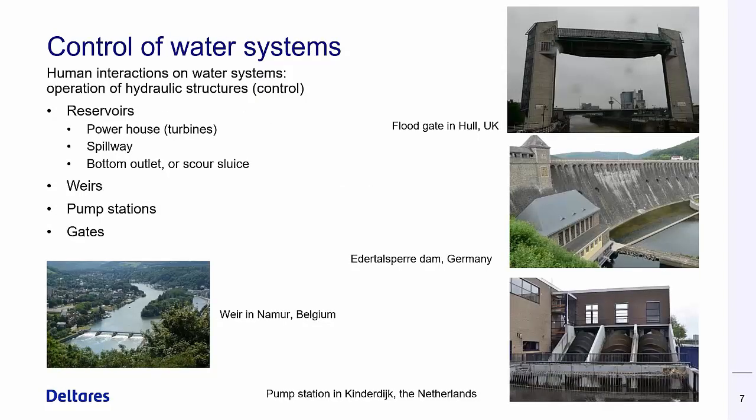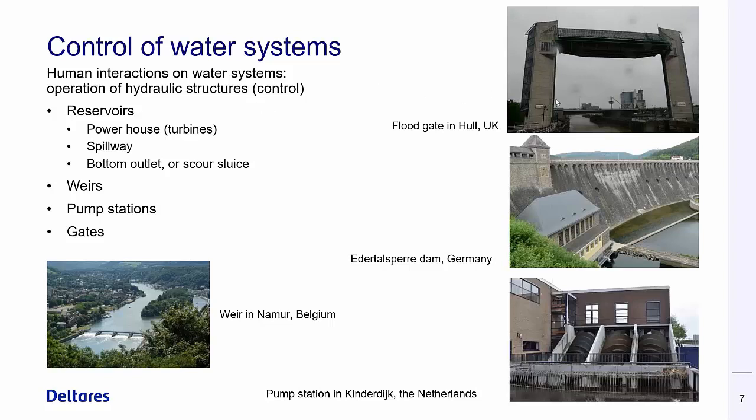So, control of water systems. Why are we dealing with this topic? The thing is that there are a lot of human interactions on water systems to get control on the water cycle, and we have hydraulic structures that we operate.